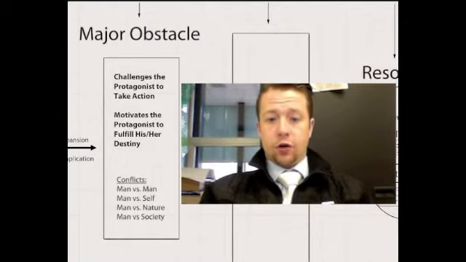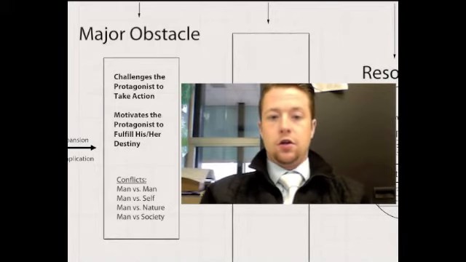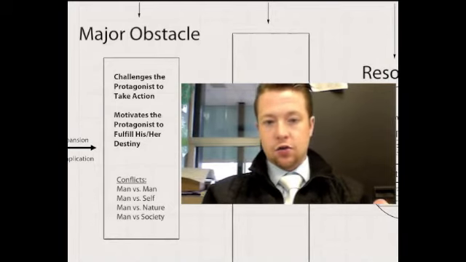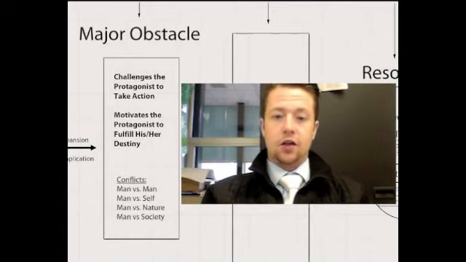As the narrative progresses past the halfway point, the protagonist faces more and more conflicts. Typically, they're outward conflicts. This expands the story, makes things more interesting, increases the amount of action, but eventually leads the protagonist to the major obstacle of the story.